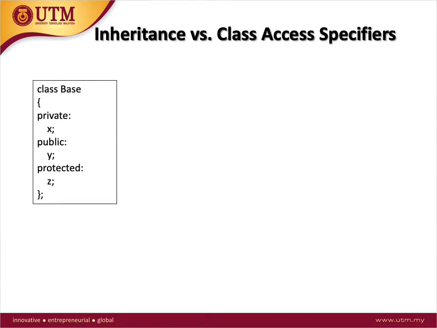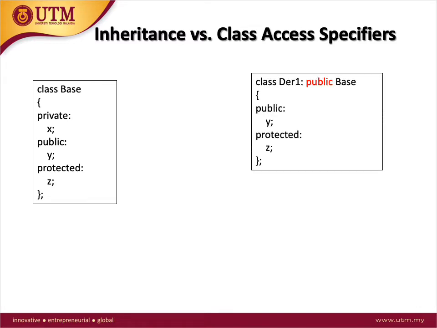Here you will look at how the derived class accesses the base class. For example, here at the right side is the derived class using the public inheritance access specifier. From this derived class, you want to know which members you can access.